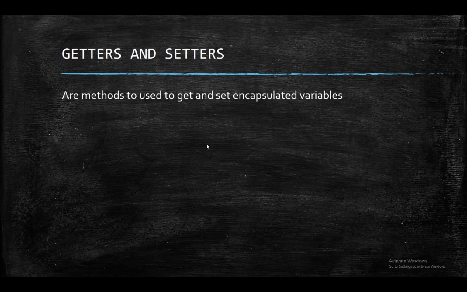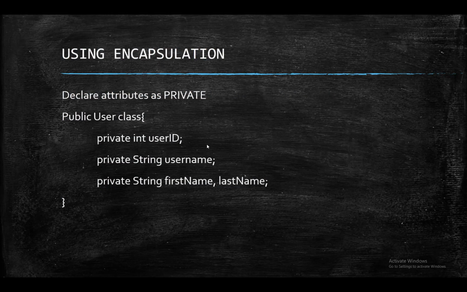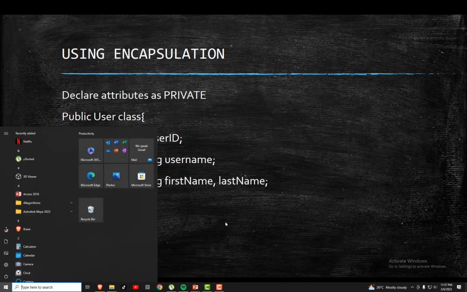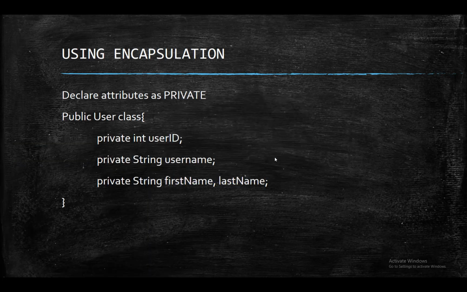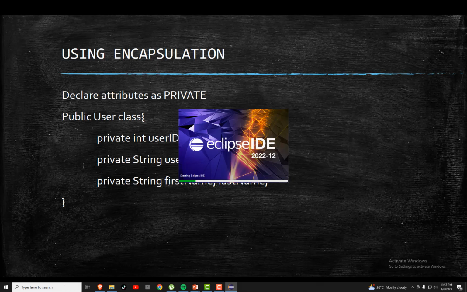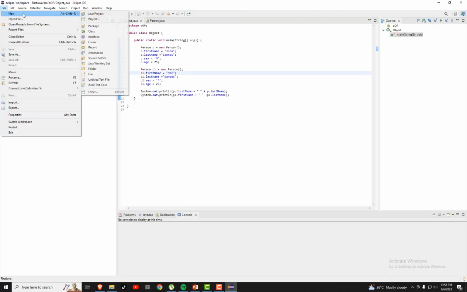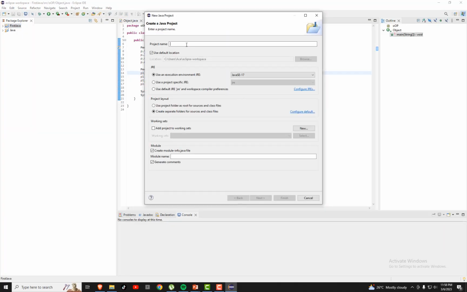Next, we have the getters and setters. But before that, I'm gonna have an example for this. I'm gonna open my Java. I'm gonna create another project. Okay, so here in project name, you're going to write your last name.